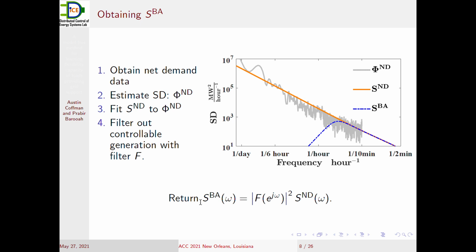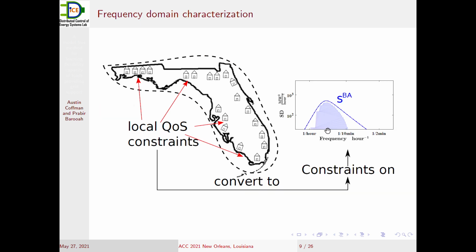So instead of RBA being the thing that the loads have to track, the balancing authority wants the loads' power deviation to have spectral density SBA. And we can see this here. The idea is that if SBA is what the balancing authority wants, the analog of RBA, then maybe the loads have some quality of service that dictates that they can't get quite SBA, but they can get pretty close, and that's what this shaded region is.